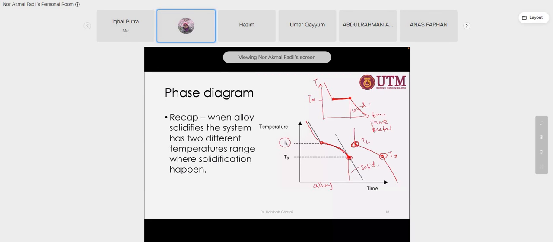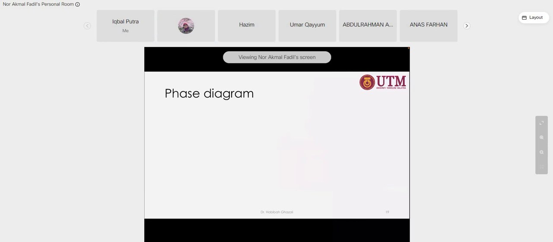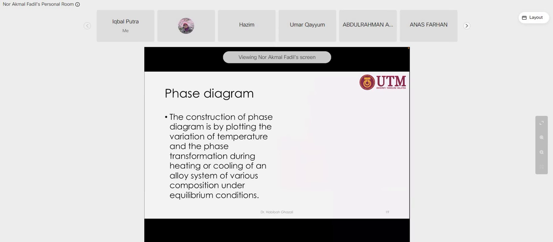This is the limit you achieve during the cooling process for a complete solidification. So the construction of a phase diagram is by plotting the variation of temperature and the phase transformation during the heating or cooling of an alloy system of various compositions under equilibrium conditions.